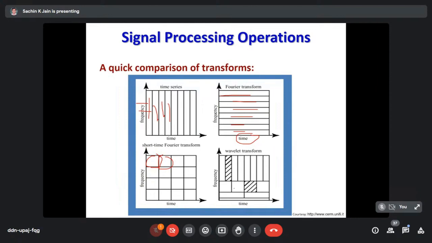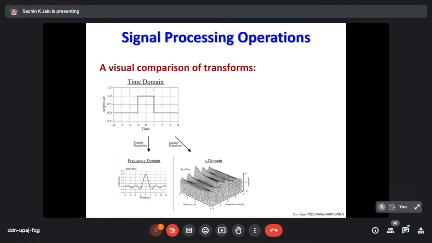But in the case of wavelet transform, you have multi-resolution capability. At high frequencies, you have low frequency resolution and better time resolution. At low frequencies, you have better frequency resolution. So that's the quick comparison of different transforms. You can choose any one that you need.